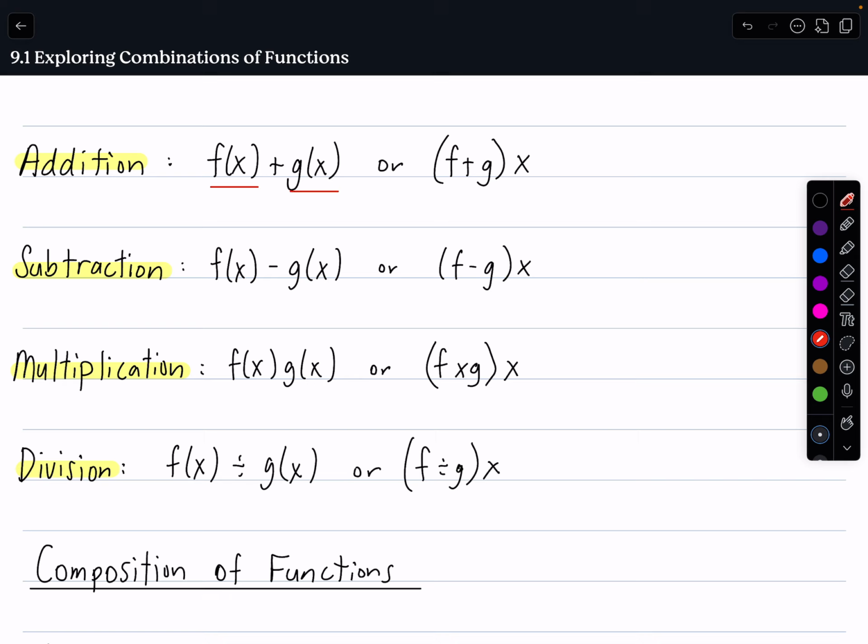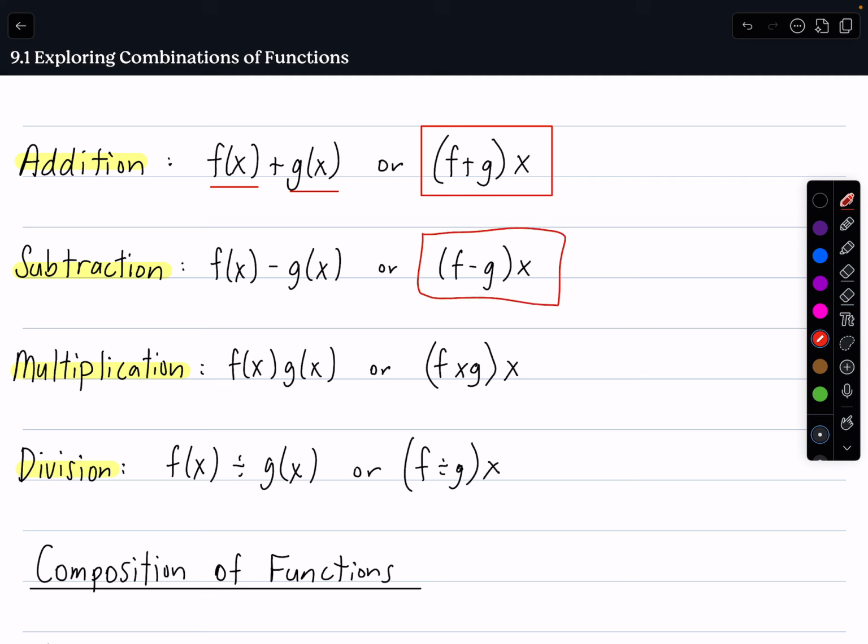But here's the thing, sometimes in the textbook, it may show you the form being like this. So if you see f plus g in brackets and multiplied by x, you should know that that is the same thing as you saying f at x plus g at x. In the same way, for subtraction, it's the exact same thing.